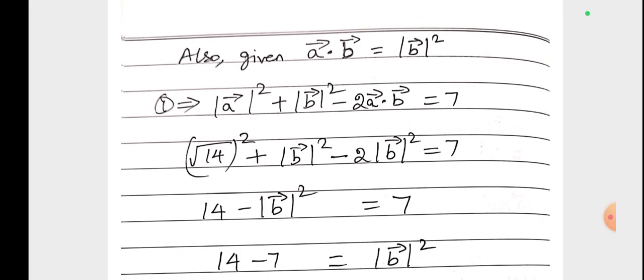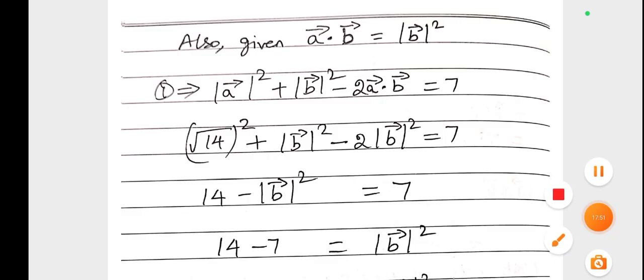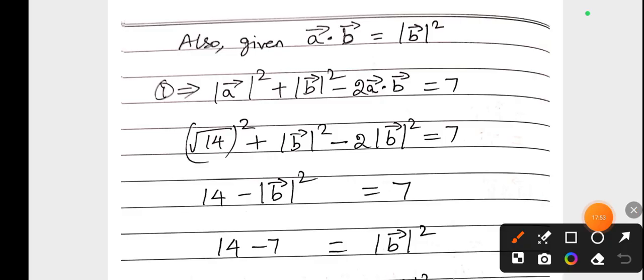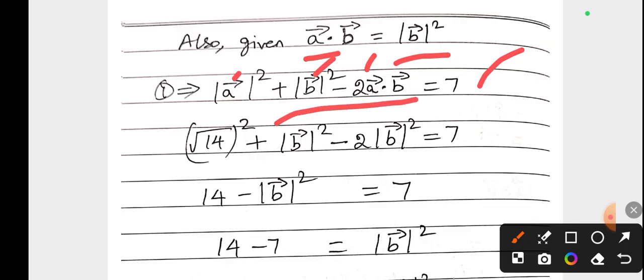Also, they have given A vector dot B vector equal to magnitude of B vector square. So magnitude of A square plus magnitude of B square minus 2 into A vector dot B vector equals 7. Definition of the dot product, children. This video also we have already discussed the definition of dot product.